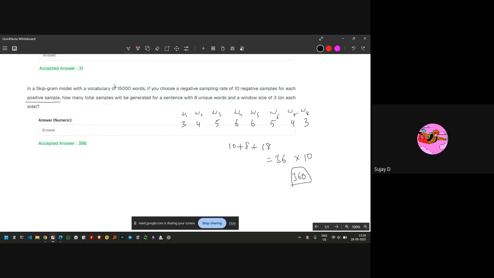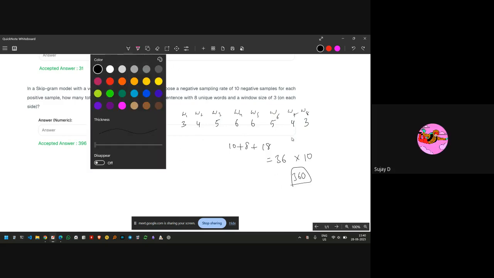Check this with ChatGPT. It says total samples are multiplied not by 10 but by 11, because 1 positive and 10 negative. 36 into 11.